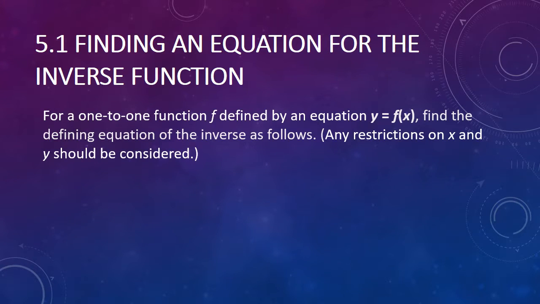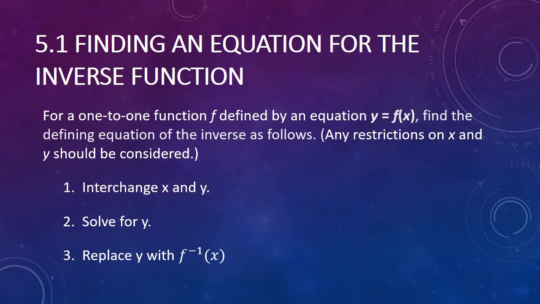Now for a one-to-one function defined by an equation, we're going to find the equation defining the inverse as follows. First thing we're going to do is interchange x and y. Second thing we're going to do is solve for y. And then we're going to replace the letter y with f inverse of x, with the f inverse symbol.